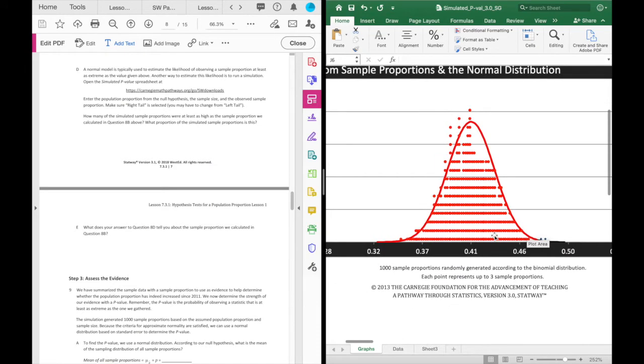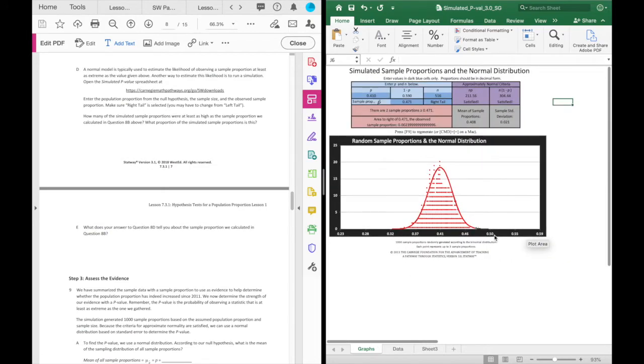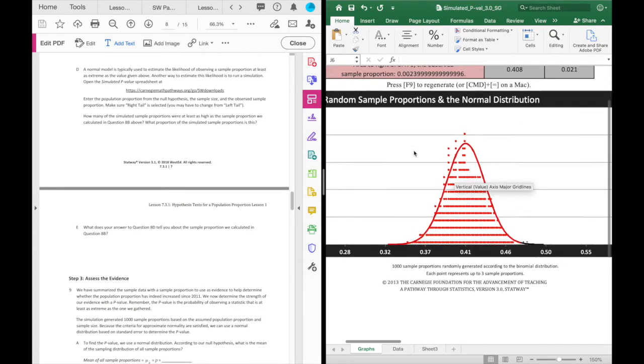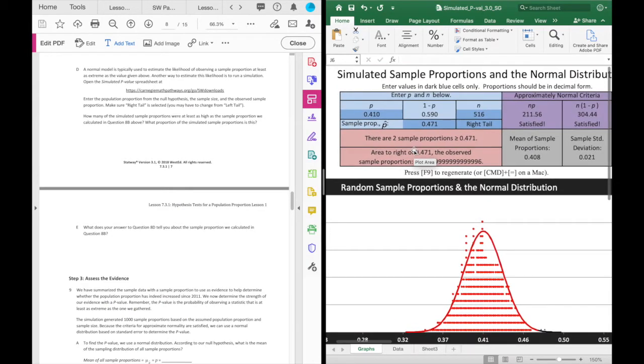So out of these 1,000 dots, it says that there are only 2 times where we got something that was at least 0.471.